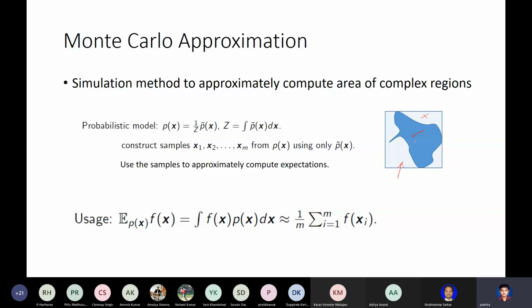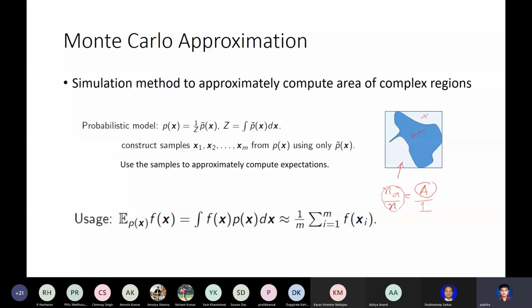Okay, so if n samples get accepted and in total there are capital N samples, and if the area under this curve is A, you divide it by the area of the square. Let's say it's a unit square, so 1. So you can find out this area A by the fraction of samples which are accepted.